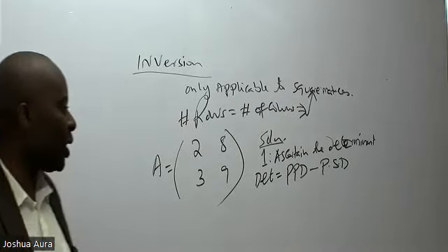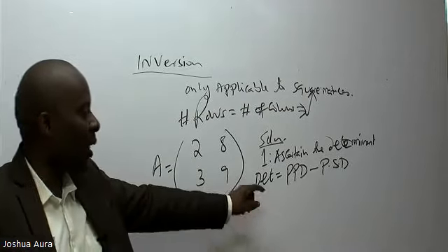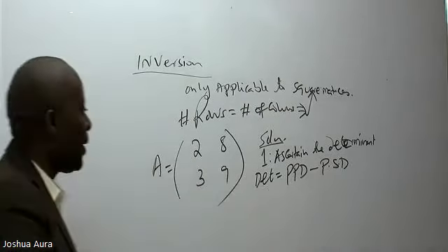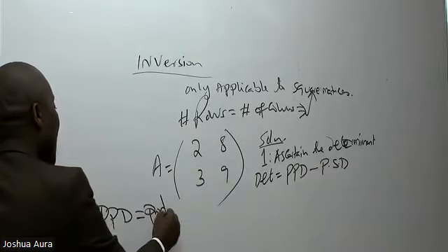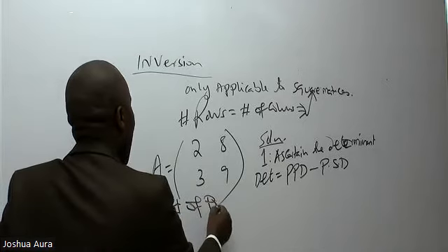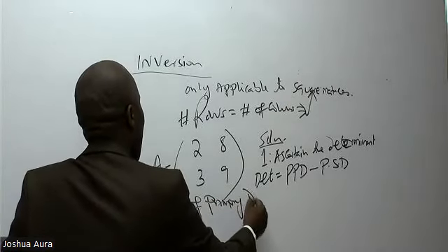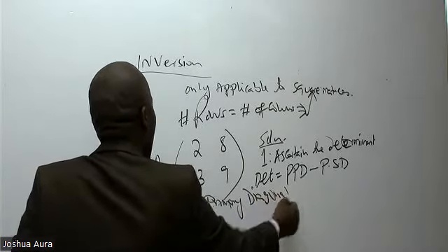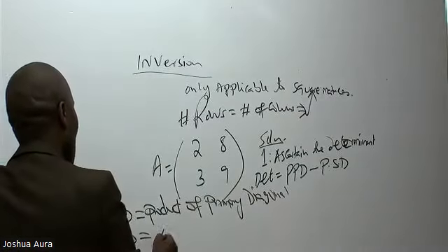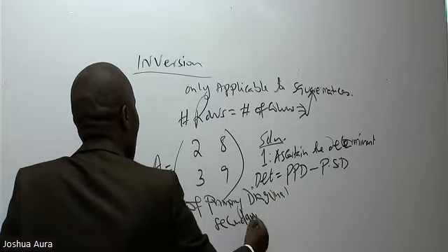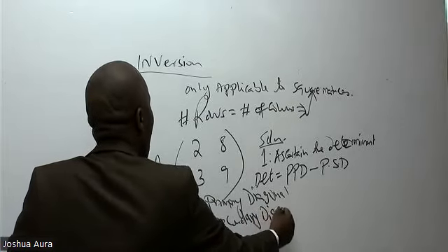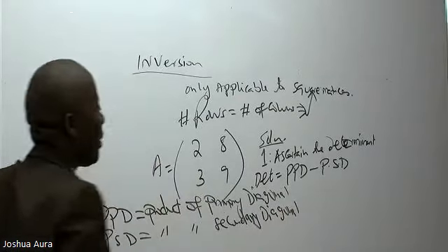So please write this in full. Determinant equals PPD, product of primary diagonal, minus PSD, product of secondary diagonal.